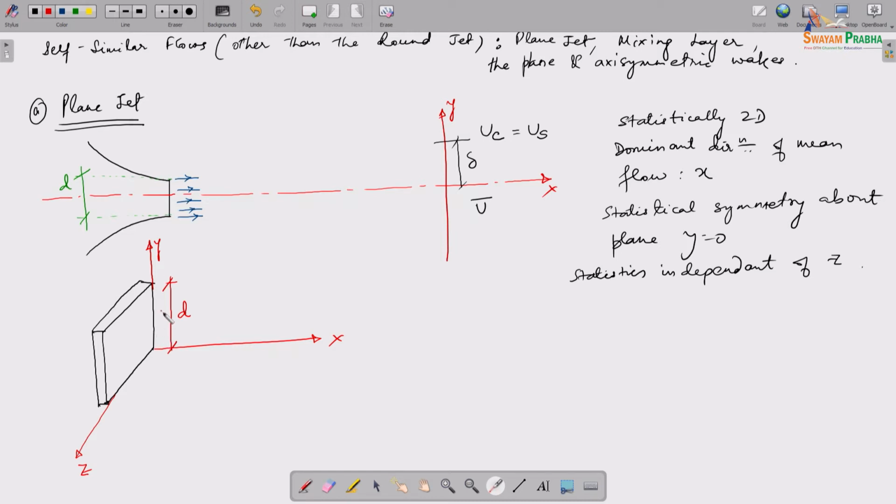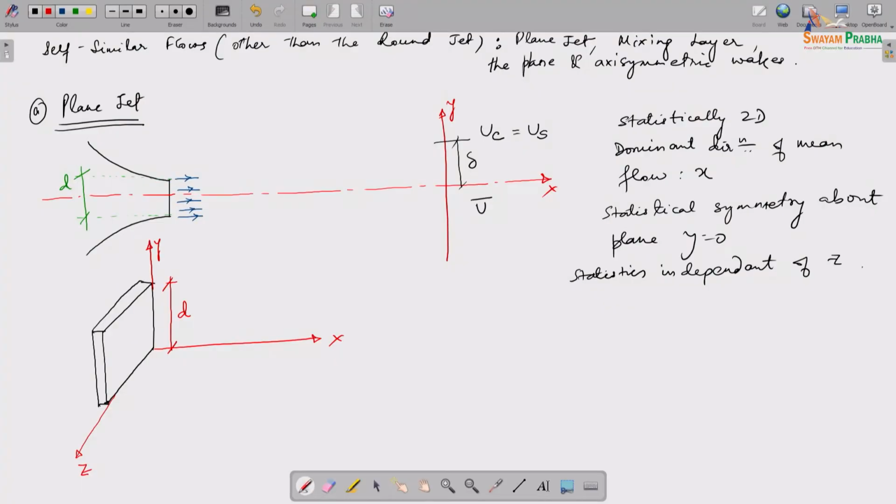Okay, so what I've drawn here is looking at just one section. Right, it's a 2D picture. What I'm trying to draw here is a 3D, okay, and this is W. Let's just say the width. So this is essentially a rectangular nozzle in lab experiments.